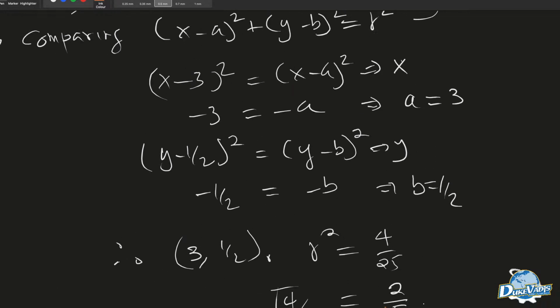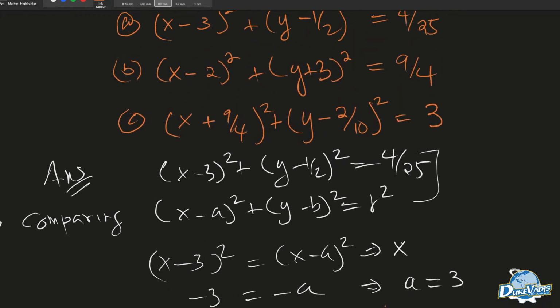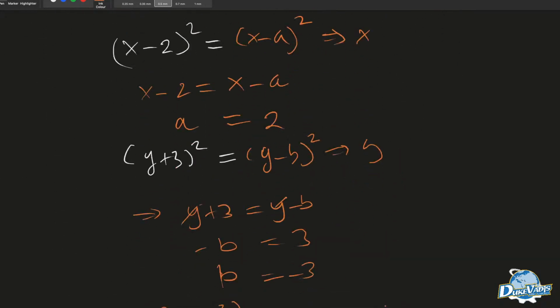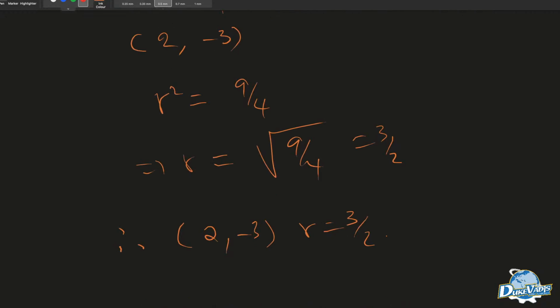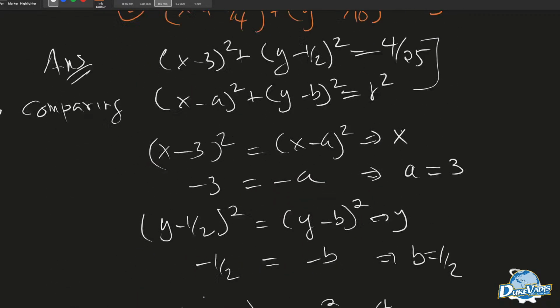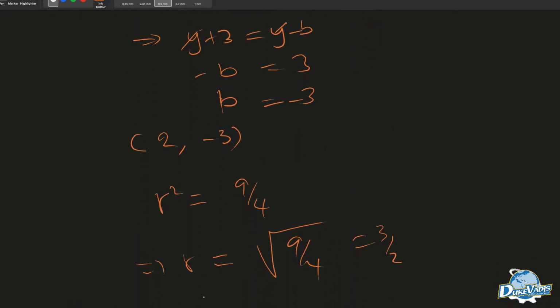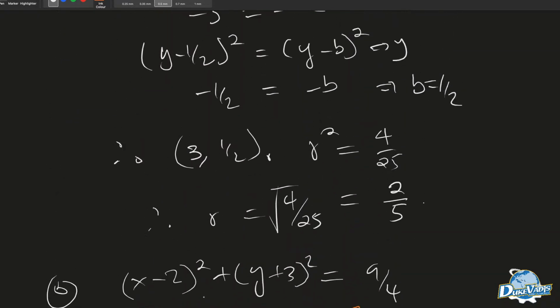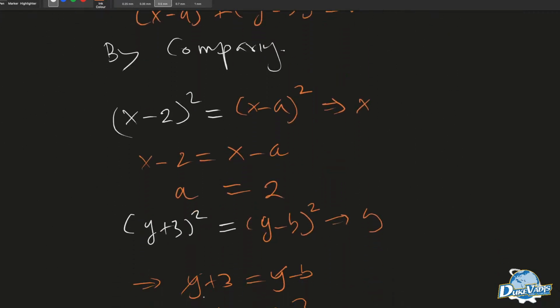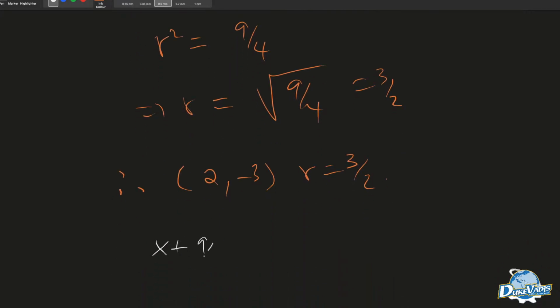The last bit is x plus 9 over 4 squared, and that's our question C, and y minus 2 over 10 squared, and it's equal to what? 3.